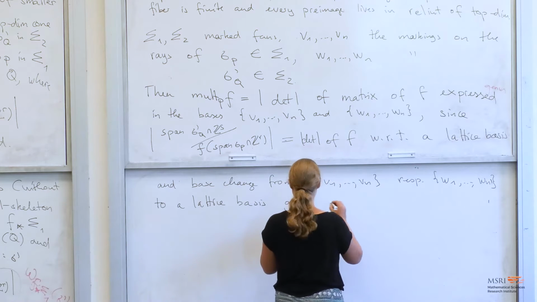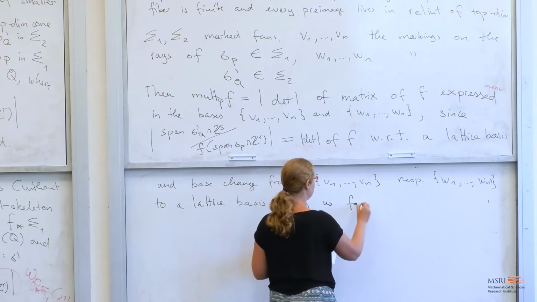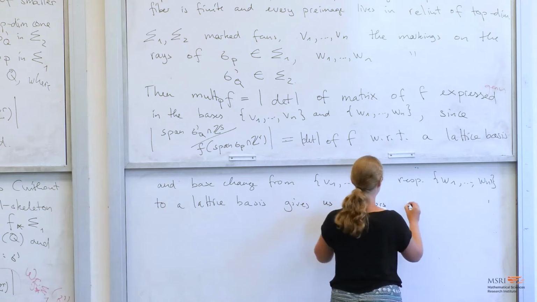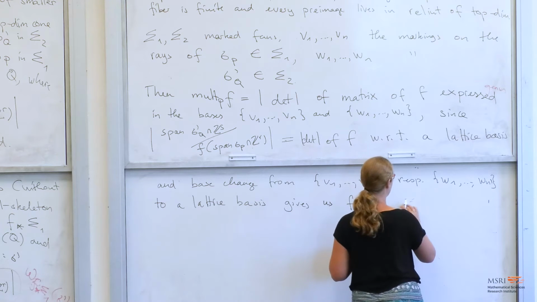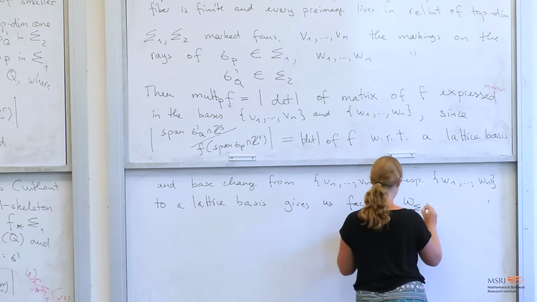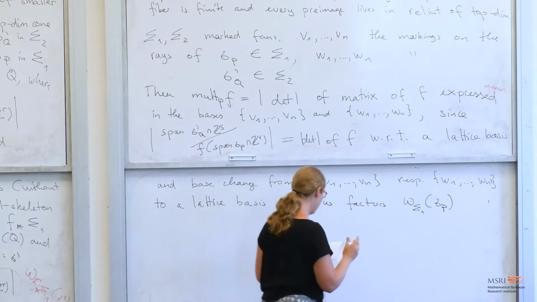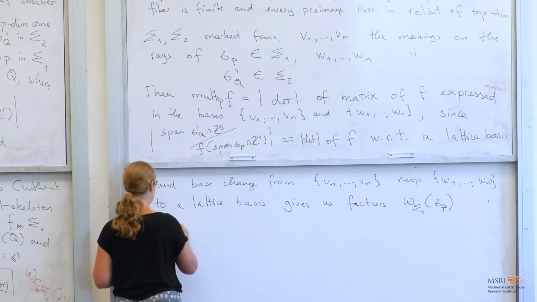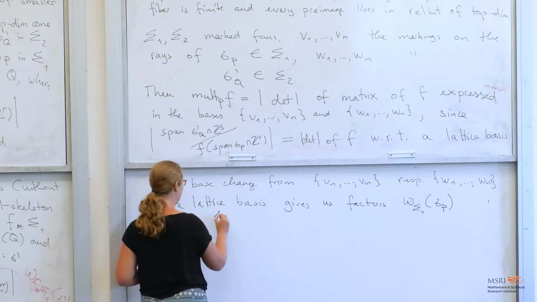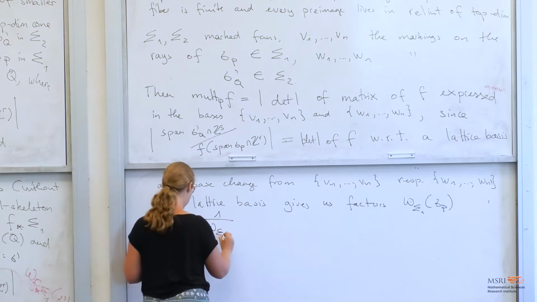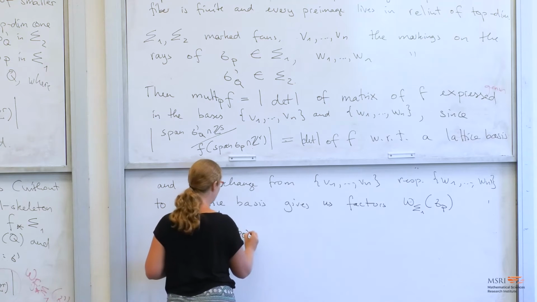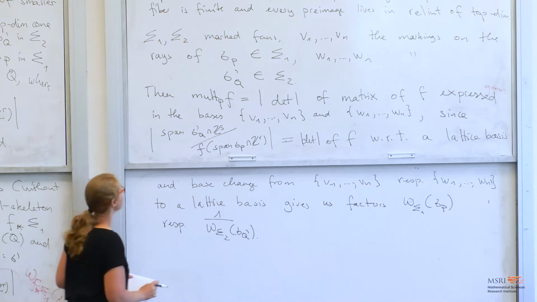So we get for this base change a factor which is the weight of sigma 1 of sigma p, respectively for the reverse base change on the other side, 1 over the weight in sigma 2 of sigma q prime.